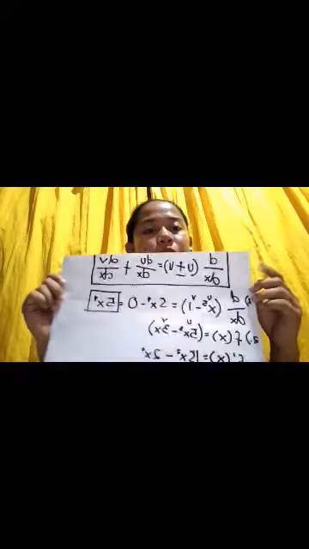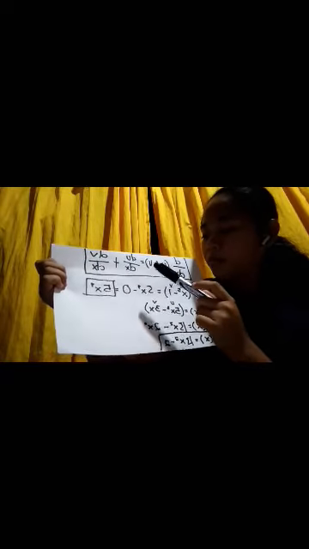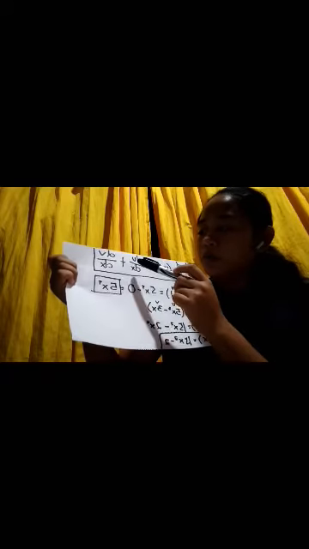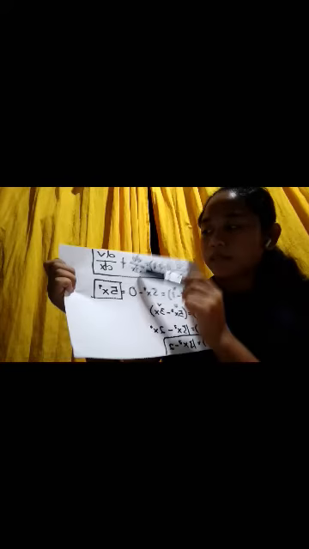Let's proceed to our next formula. Our next formula is derivative of u plus v or derivative of u minus v with respect to x is equals to derivative of u with respect to x plus derivative of v with respect to x.